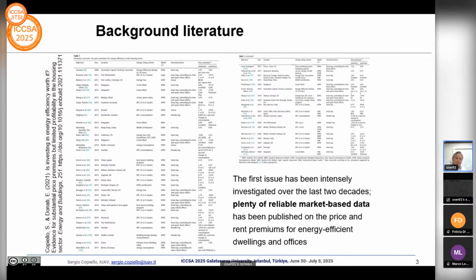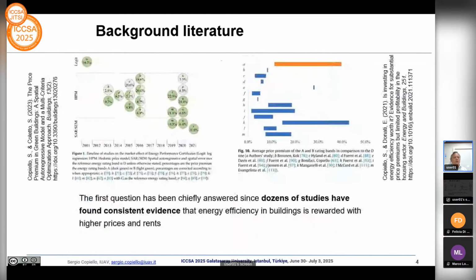Okay. Not only has this issue been intensely investigated, but also the results are essentially converging. Almost all of the review studies state that there is actually a price premium, and it is remarkable. It is apparent, evident.